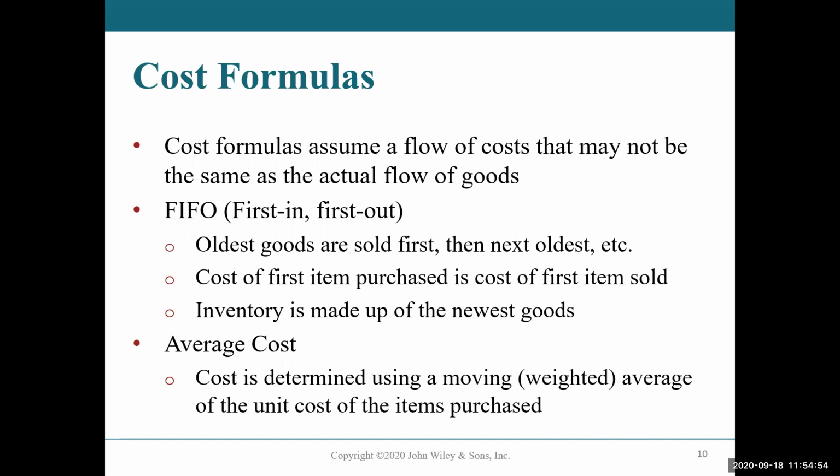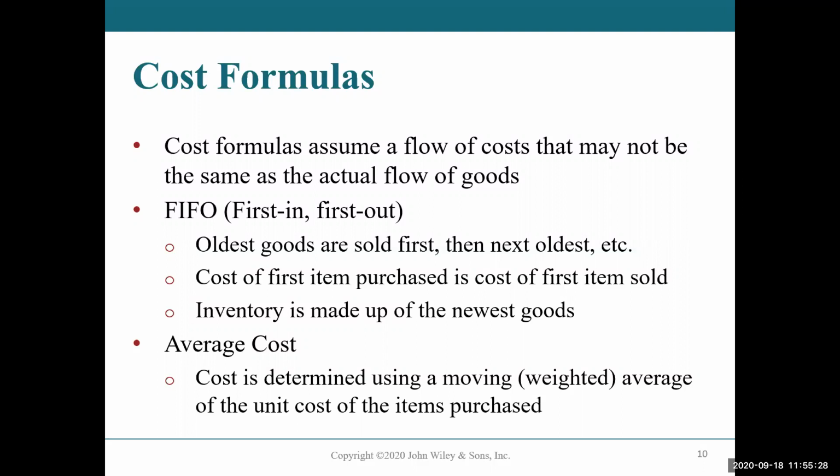If you think of the chronology, let's say in the month, you did purchases on January 1st as the first bunch. Then we had the second purchases done on January 10th. When you are selling the goods on January 15th, it will first be considered to have been sold out of the January 1st batch, and then the remainder from the January 10th batch. So first in, first out, as the name suggests.